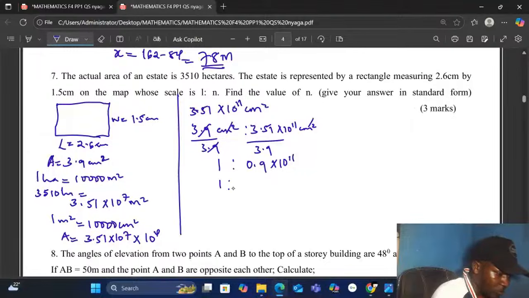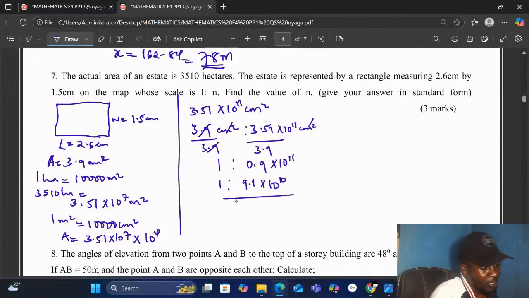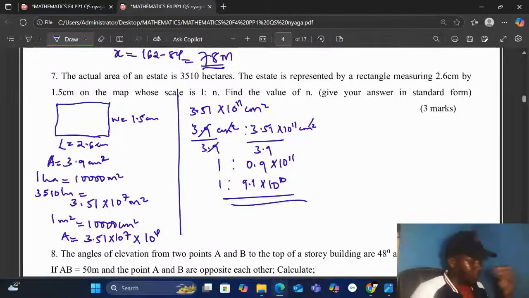So the best answer is 129.1 times 10 power 9, so we reduce 1 power because of the decimal that we moved, giving 10 power 10. So this is what we have as our ratio.